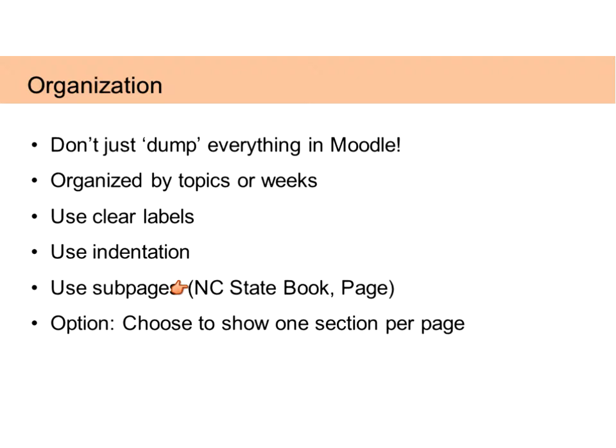By default, Moodle shows all the sections and blocks in one page. For courses with lots of activities and resources in each section, you can choose to show one section per page. So instead of showing all the blocks and sections on the Moodle homepage, which will make your page very lengthy, it will show one section per page.